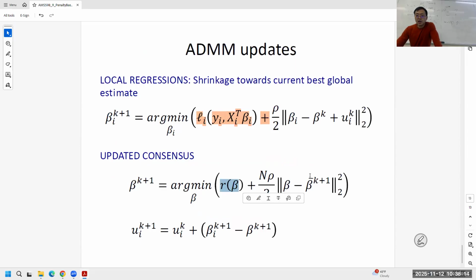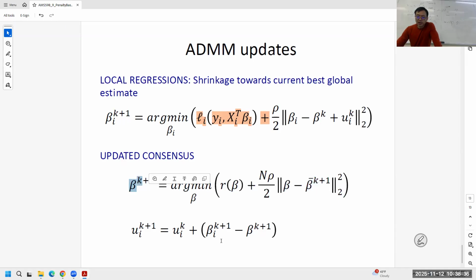Now, because you have R beta here, you have to explicitly work on this minimization: R beta plus 2n times rho over 2 times the squared L2 norm of beta minus beta bar, and minimizing this gives you beta.